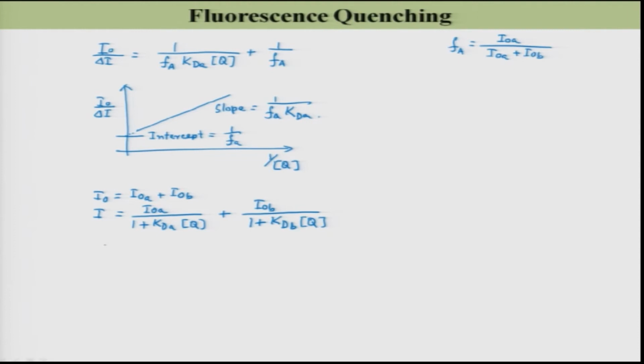Now if I write this ratio I by I0, what will happen?